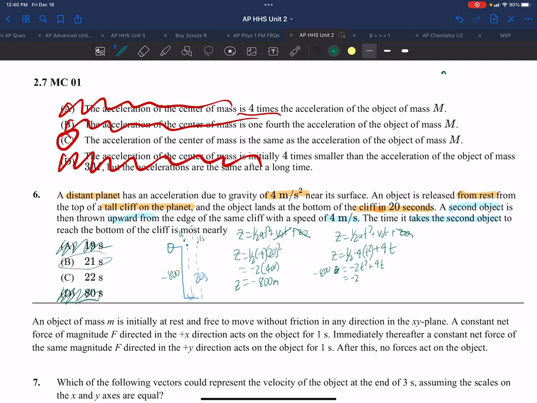So minus 2 times 21 squared plus 4 times 21. 4 times 21 is 84. And 2 times 21 squared is 882.